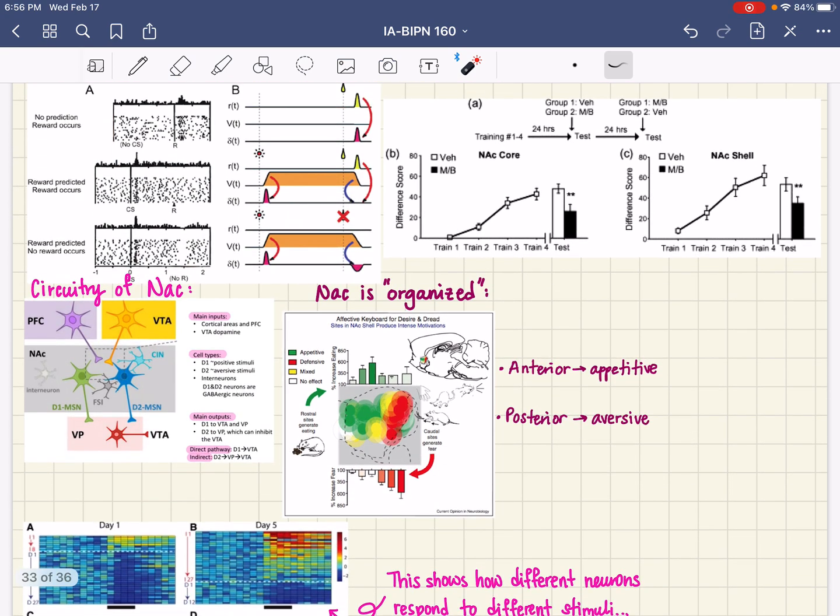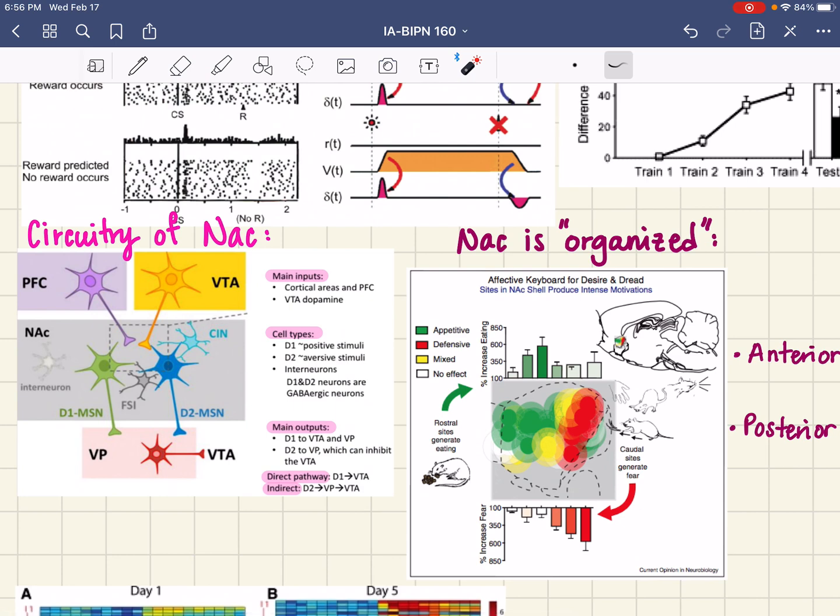Before I move on, this is the diagram that gives you a better understanding of this circuitry, or this cyclical activation and inhibition in the mesolimbic dopamine pathway.